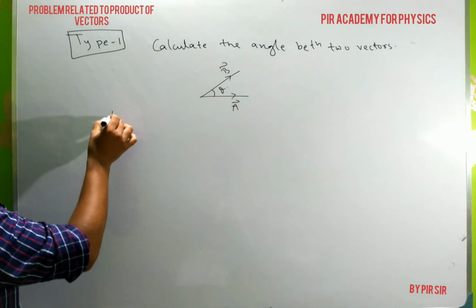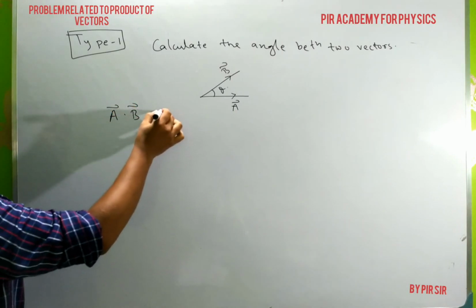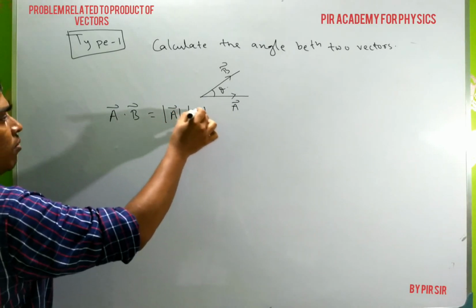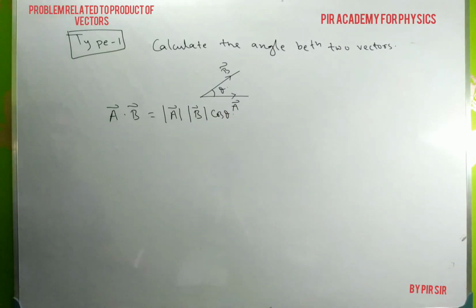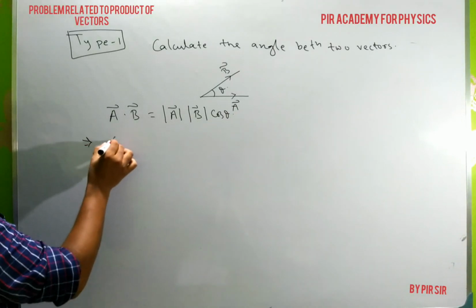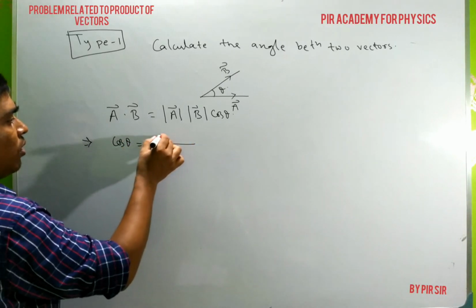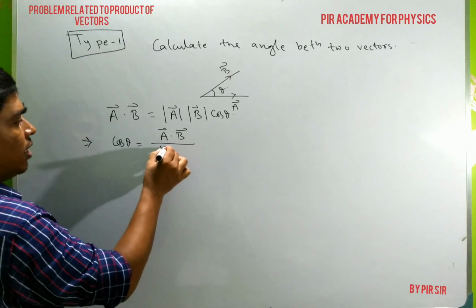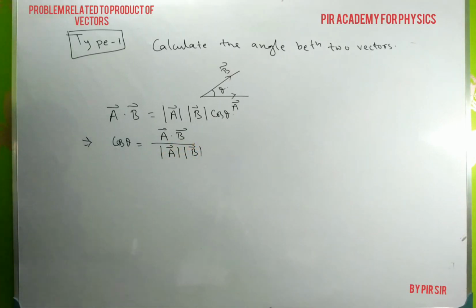You know A dot B equals magnitude of A times magnitude of B times cos theta. Then cos theta equals A dot B divided by magnitude of A and magnitude of B.